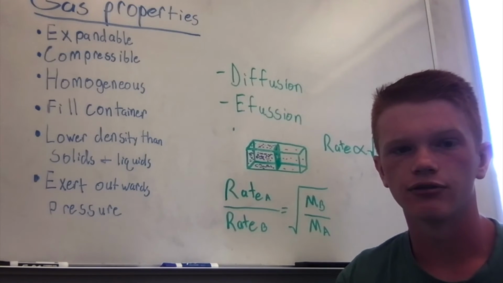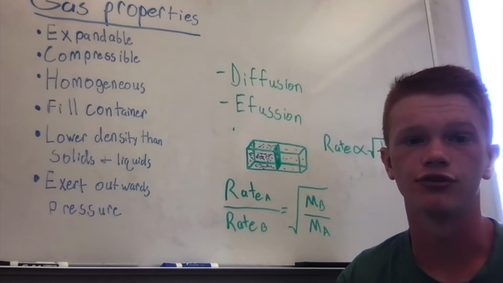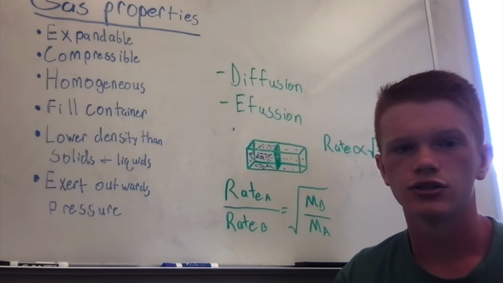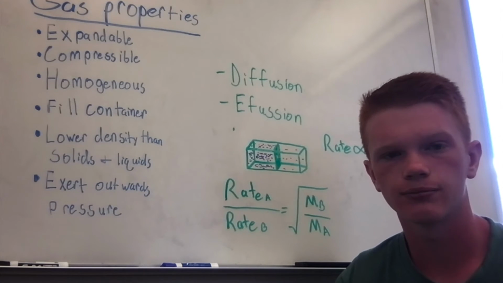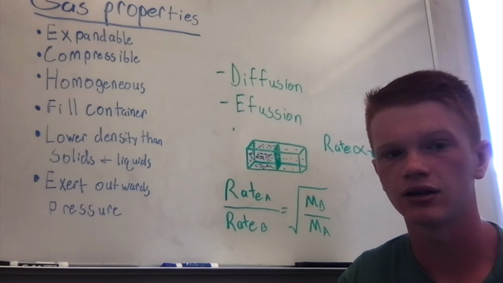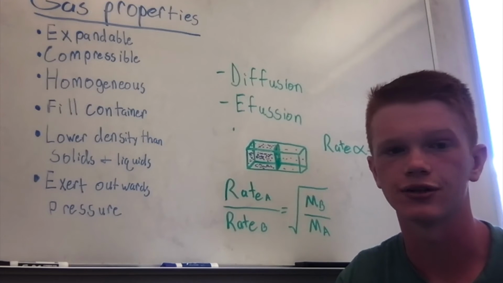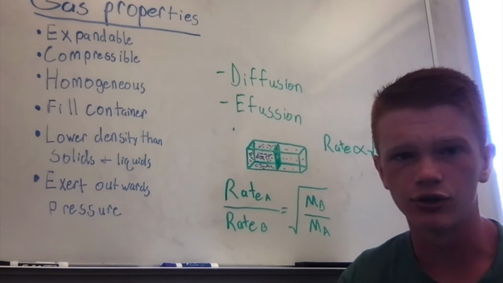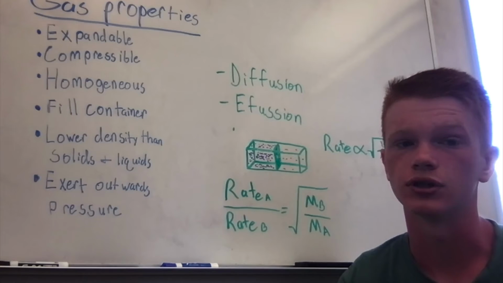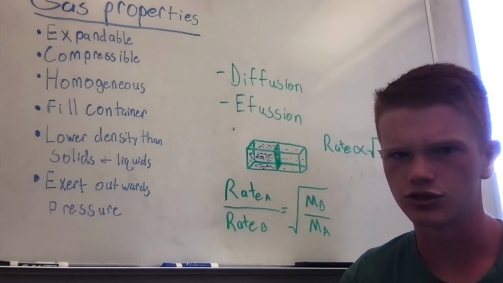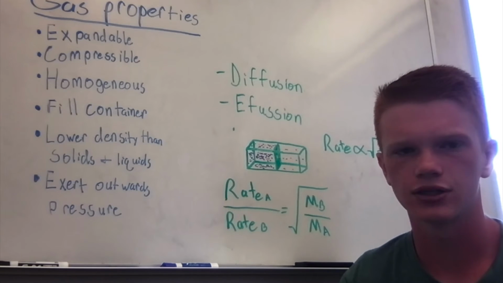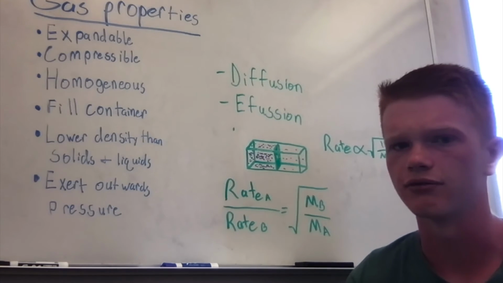Another aspect of kinetic molecular theory is diffusion and effusion. So diffusion is when a gas is in a container and it evenly spreads out in the container. So it likes to move from high concentration to low concentration until it's all evenly spread out. And effusion is just diffusion, but it's spreading out its concentration through a very small hole.